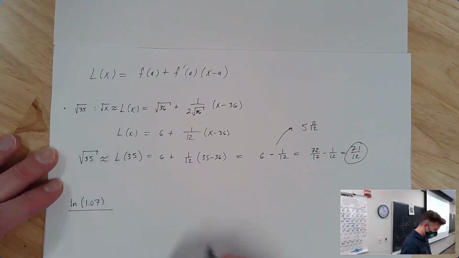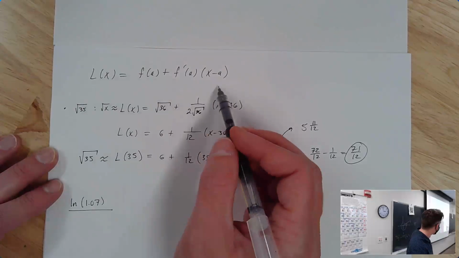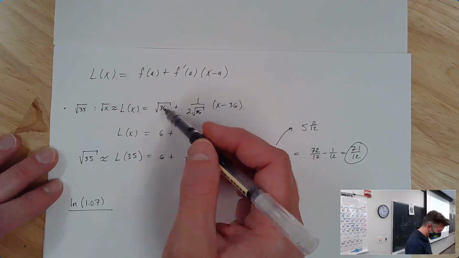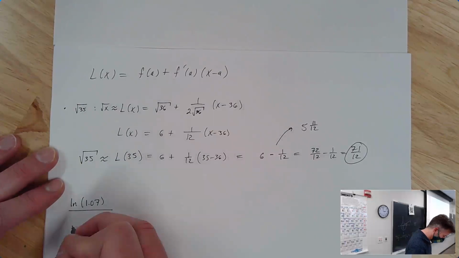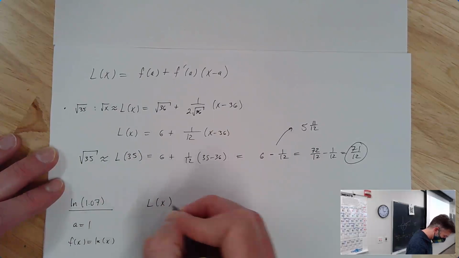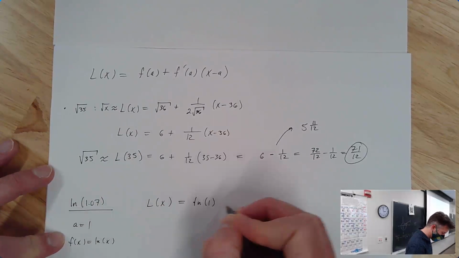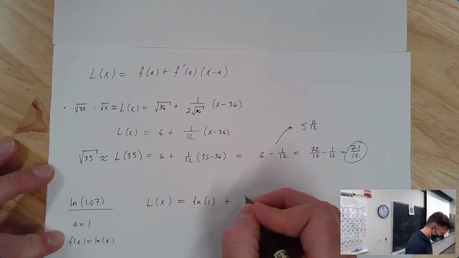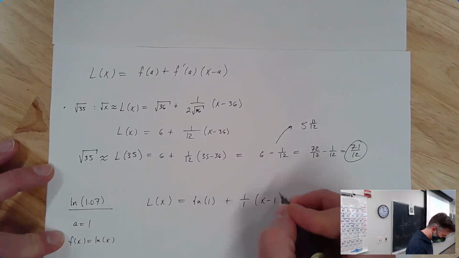So there, it's still the same formula. Our linearization is still f of a plus f prime of a times x minus a. It's just in this case, our function was natural log of x. So our linearization is going to be f of a, which is natural log of 1, plus f prime of a, which is 1 over 1, times x minus a, which is x minus 1.